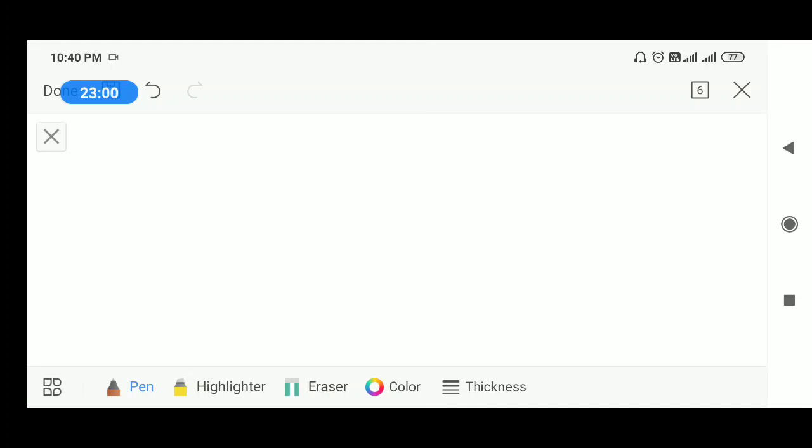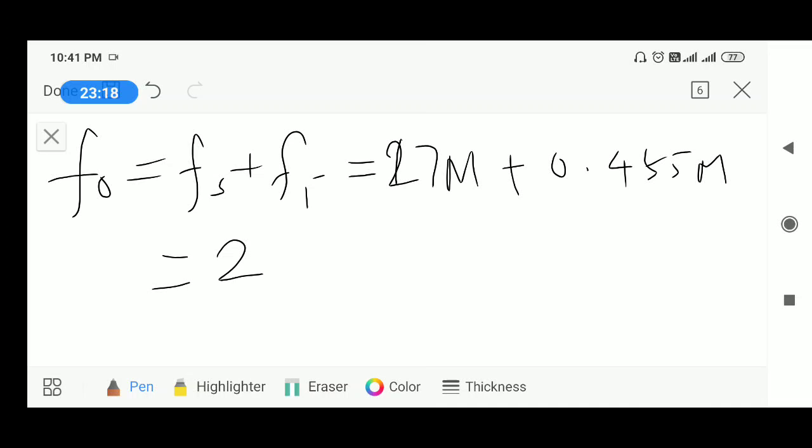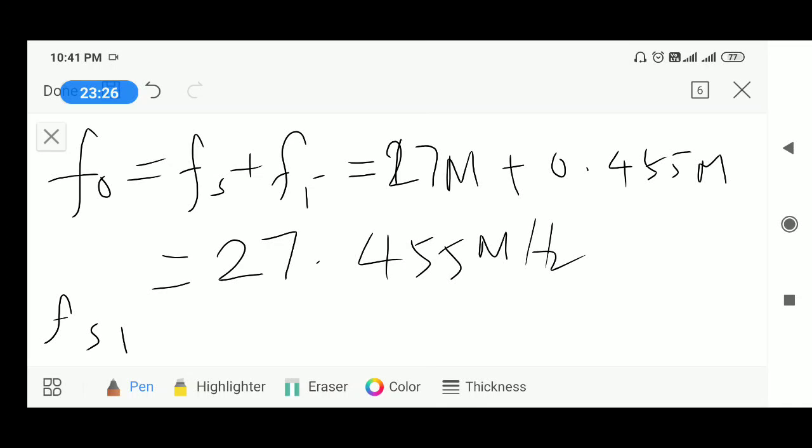The first thing we need to calculate is the local oscillator. F0 is equal to Fs plus Fi, that is IF. 27 mega plus 0.455 mega, so the local oscillator frequency is 27.455 megahertz. Then image frequency FSI is Fs plus 2IF.